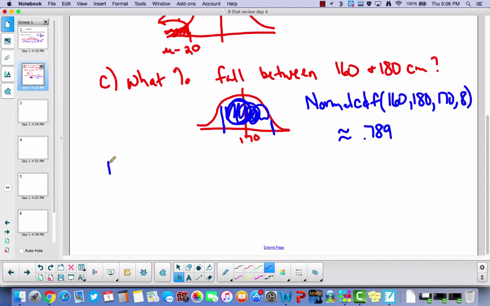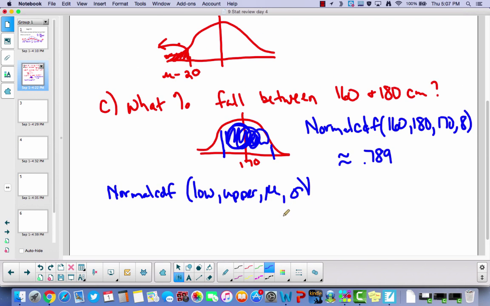So remember, when we're doing these on the calculator, it's normal CDF, and I think it's on your calculator under that second distribution, and it does spell out the normal CDF. It's your lower bound, your upper bound, your mean, and then your standard deviation.